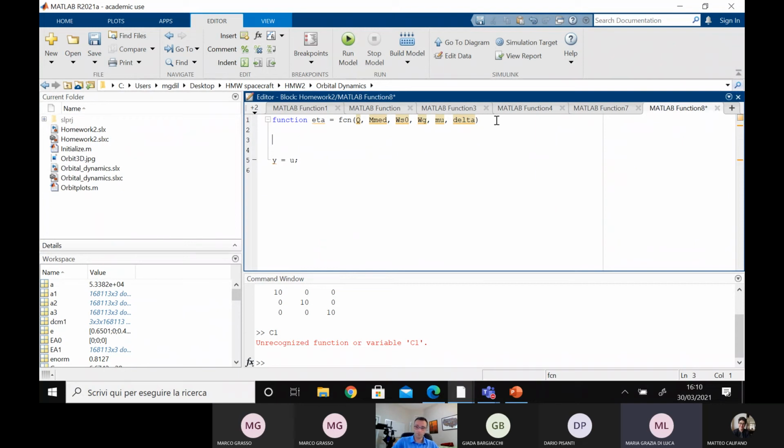Probably the first thing to do is to define WS, that is WS0 times the exponential. I don't know how to write it. X, maybe. Will it work? Minus mu.